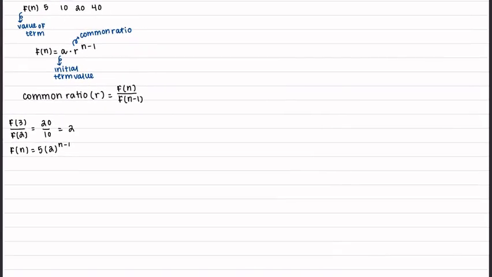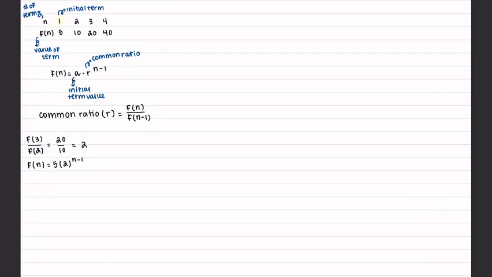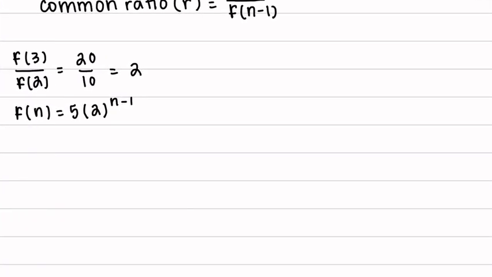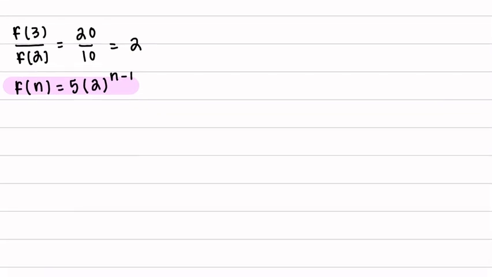And the reason this is so great, and the reason that we're trying to find this equation, is that now that I know this equation, I can find any value in the sequence. So what if I said find the 20th term in the sequence? Well, I could just keep multiplying by 2, but that gets redundant, and I have this equation now.